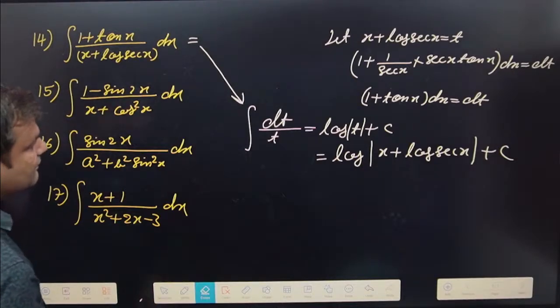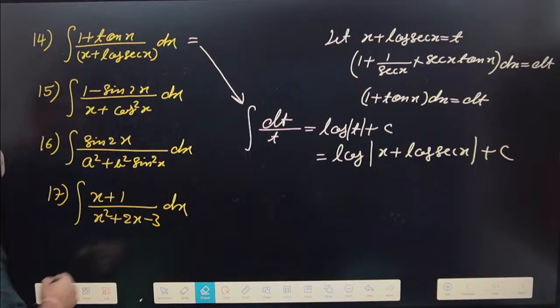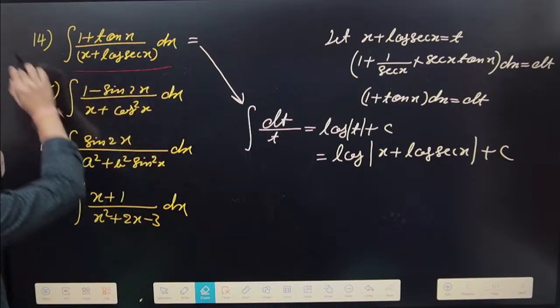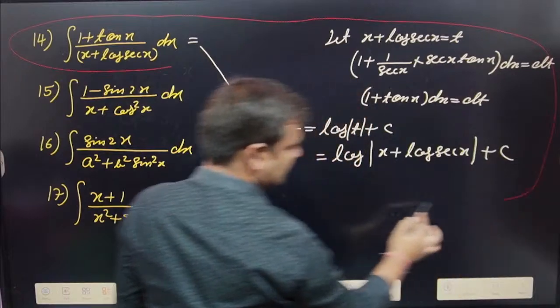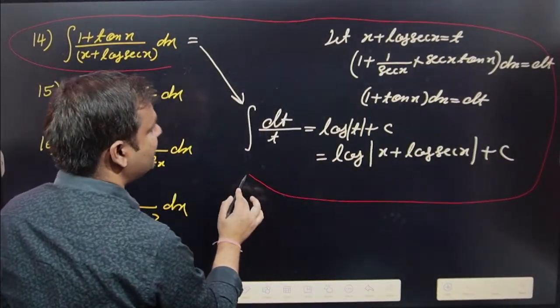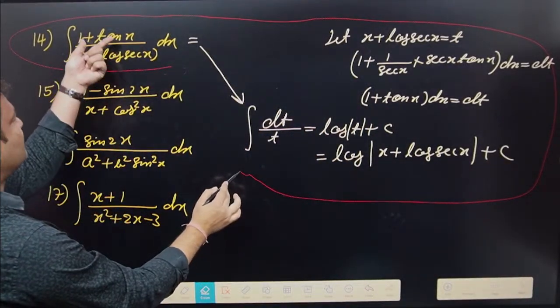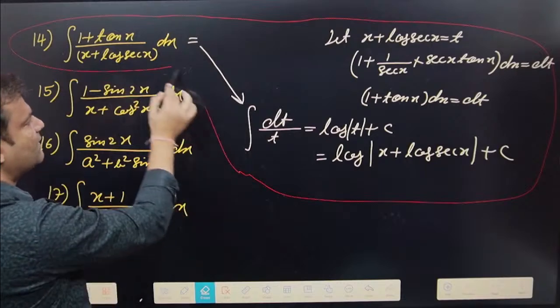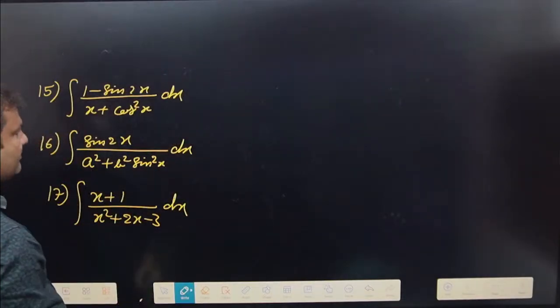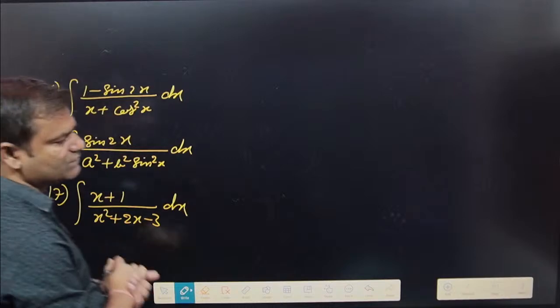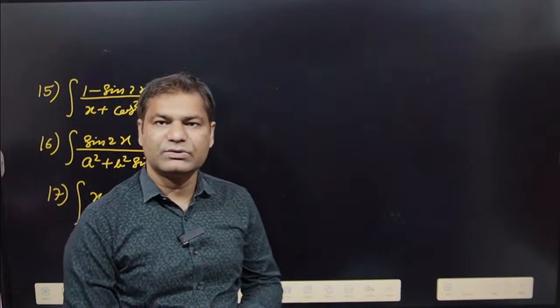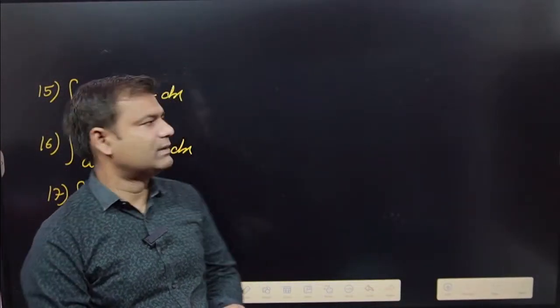After that we focus on the next part. Very simple. Take numerator dt, and the denominator is t. Next problem, integration of (1 minus sin 2x) upon (x plus cos square x) dx. How can we do this type of problem?